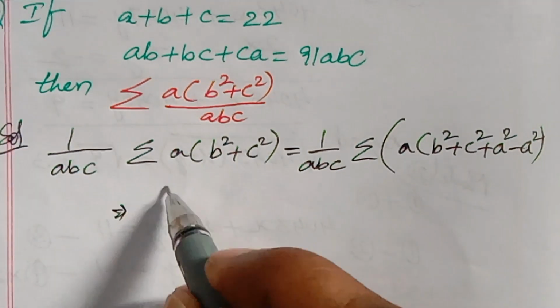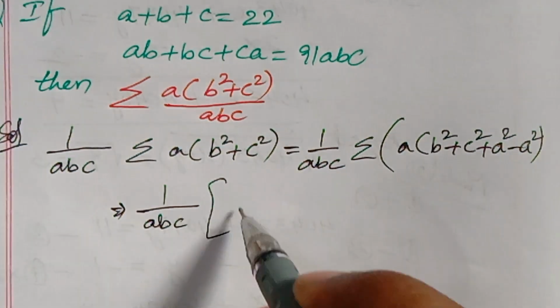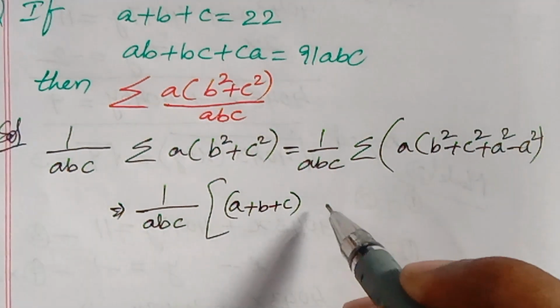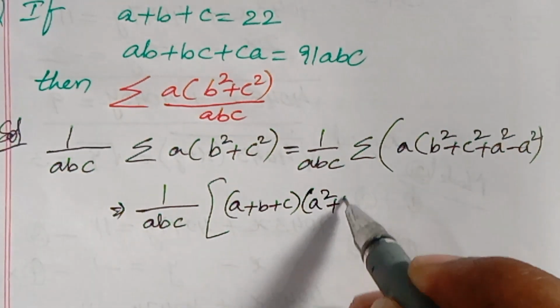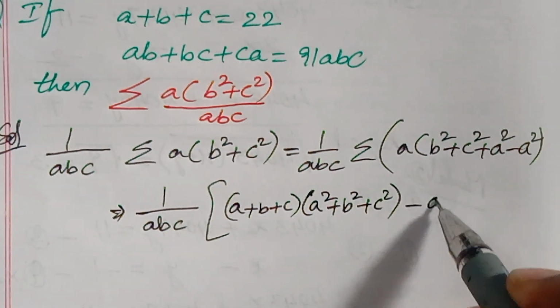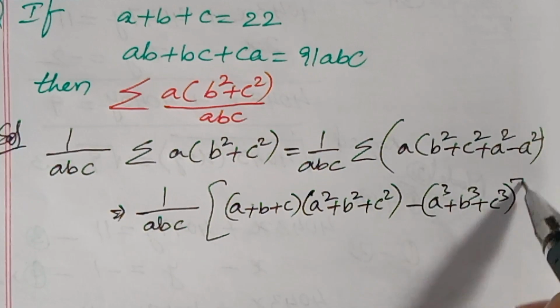So this can be written as 1 by abc into (a plus b plus c) into (a square plus b square plus c square) minus (a cube plus b cube plus c cube).